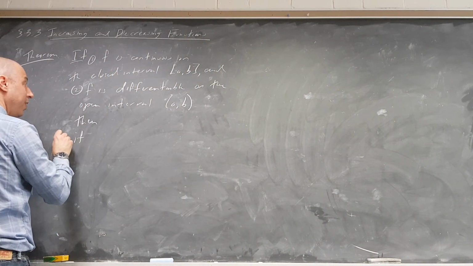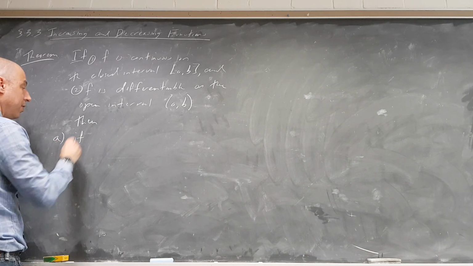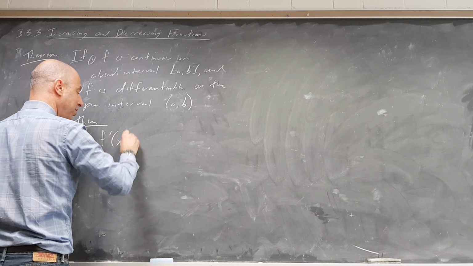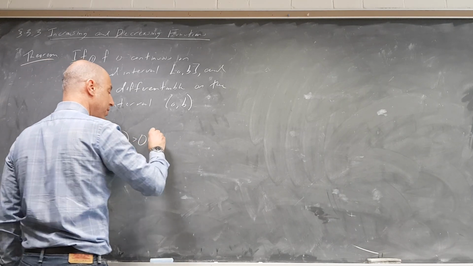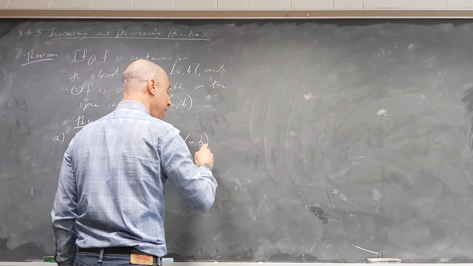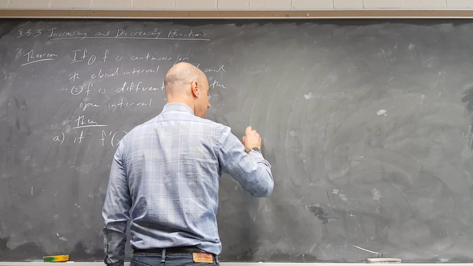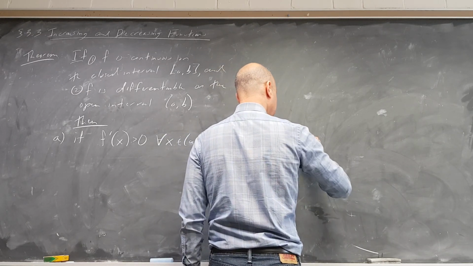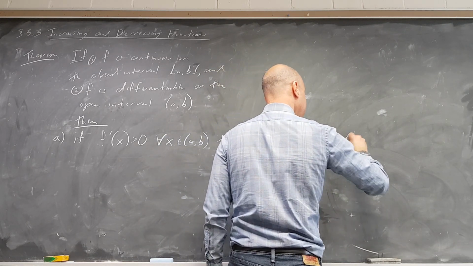there are three things. If f prime of x is positive for all x in the interval (a, b), then f is increasing on [a, b].